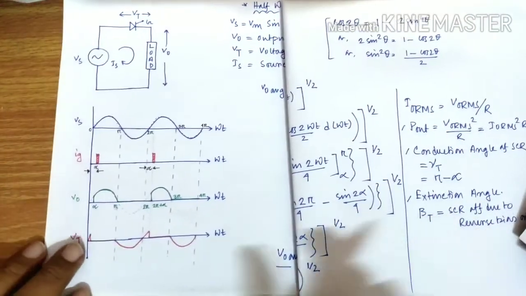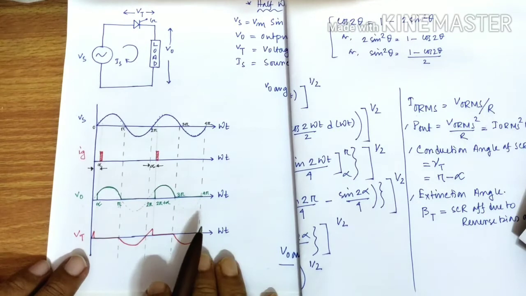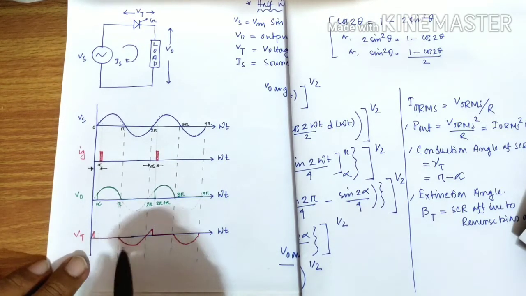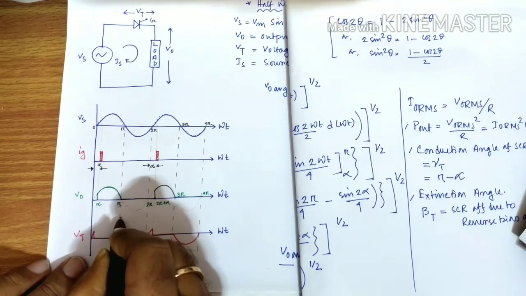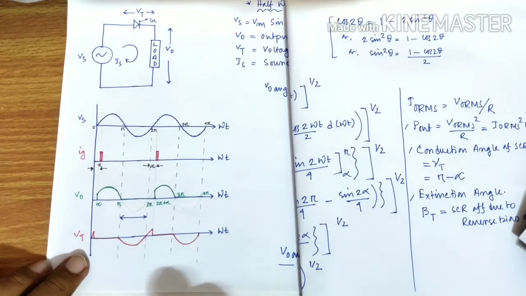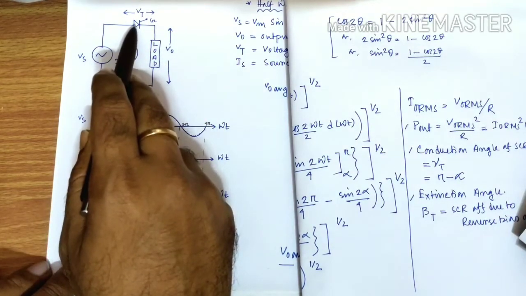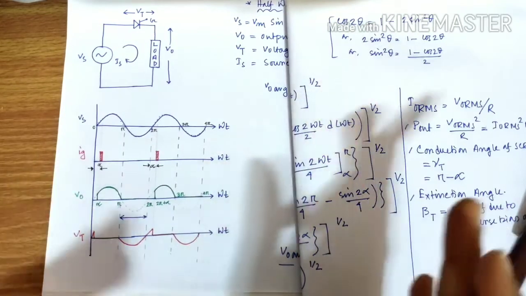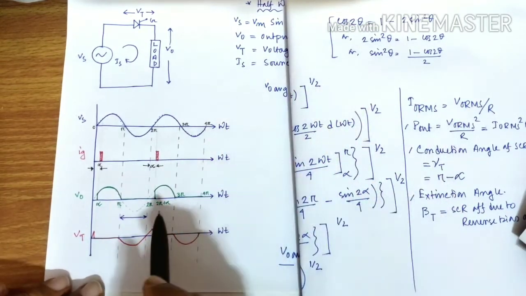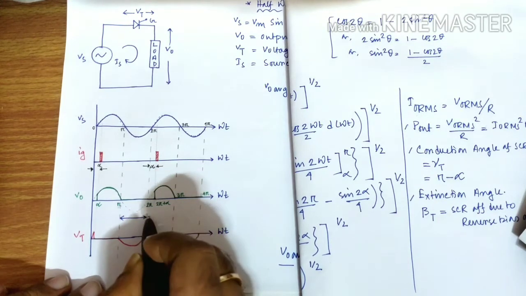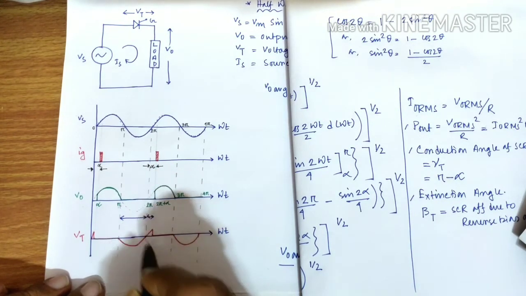So once again, we have to come to this particular waveform. So you can find SCR off during this period from pi to 2 pi. Why? Because in this region, the SCR is reverse bias. In the negative half cycle, SCR becomes reverse bias, so it gets off. But from 2 pi to 2 pi plus alpha, in this region, SCR is also off.